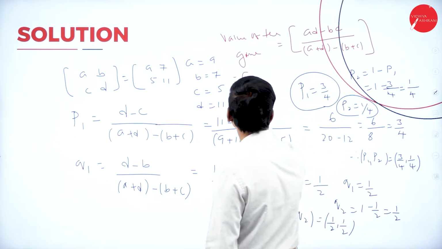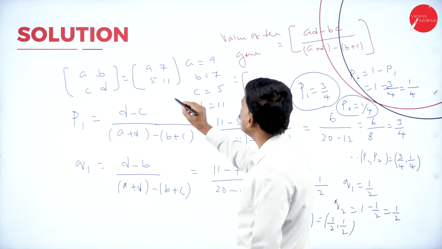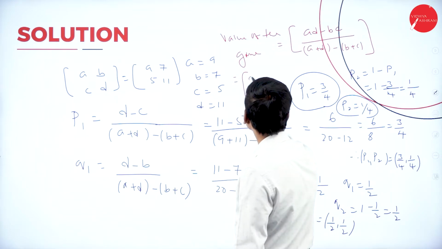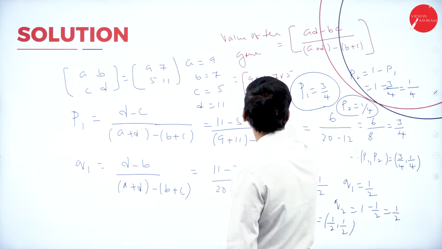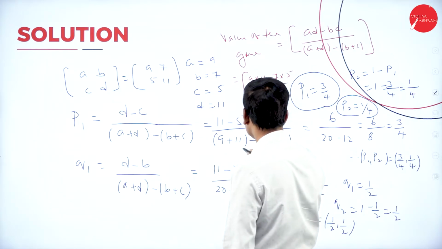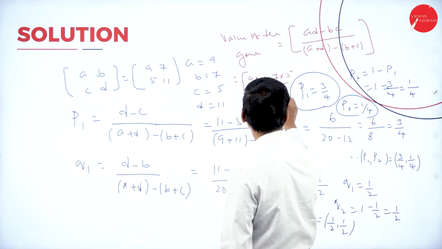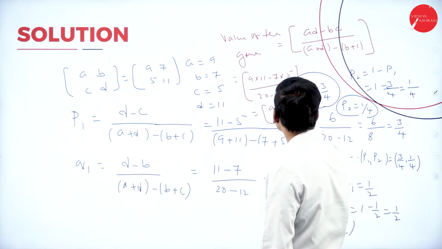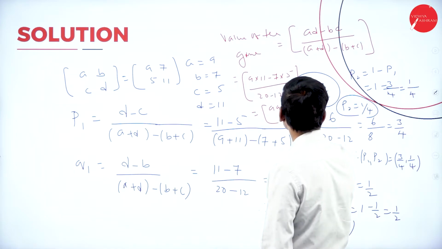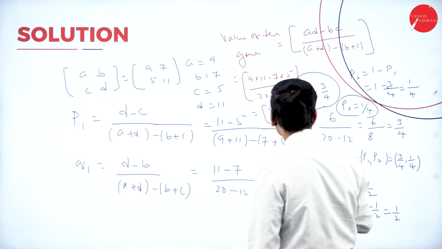So that is equal to, I'll write here, A into D, 9 into 11, minus B into C, 7 into 5, divided by A plus D, that is 9 plus 11, that is nothing but 20 minus 12. So that is equal to 99 minus 7 5s are 35, divided by 8.